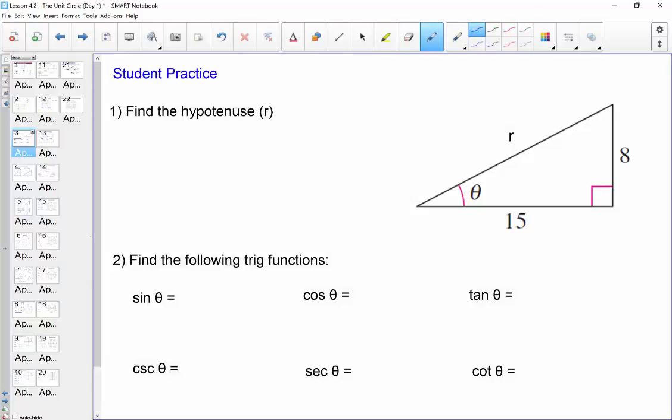Now the first thing we need to do is solve for the hypotenuse r. We're given the base 15 and the length 8. So using the Pythagorean theorem, we have r squared equals 15 squared plus 8 squared. So r squared equals 225 plus 64.